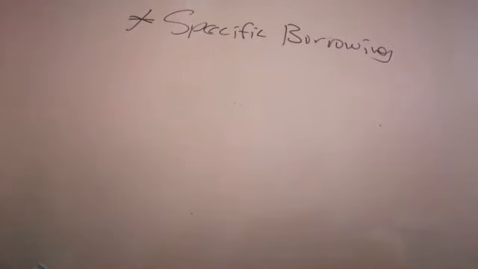Now with this type of borrowing, it's where you contract fresh amounts or fresh loans to construct a qualifying asset. You contract a new facility to construct a qualifying asset.